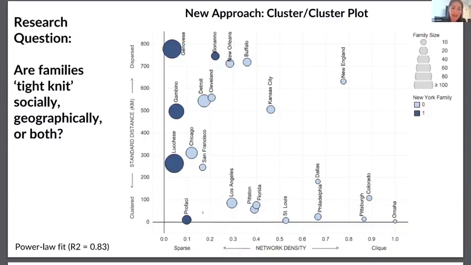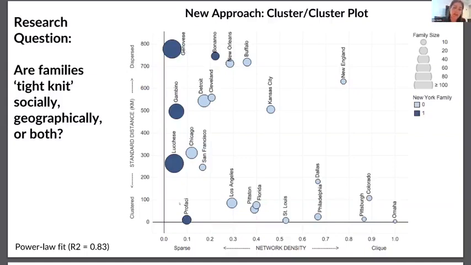On the y-axis, we have standard distance, which we're used to in GIS, whether something is clustered or dispersed, so how far apart do their members live? And on the x-axis, we have something we call network density. This is whether the members form a clique, whether they're all connected, or whether the members are disconnected.